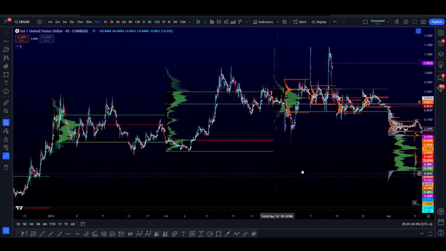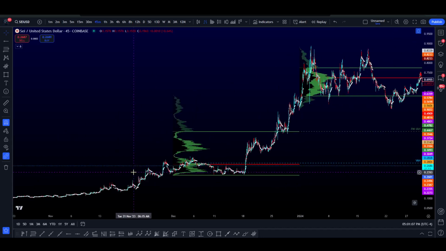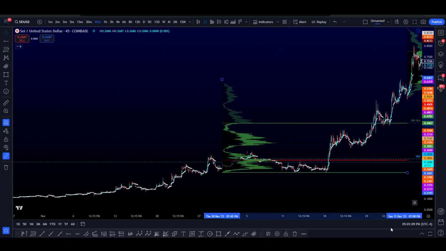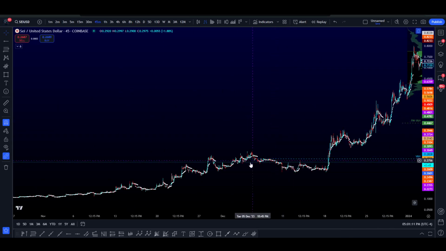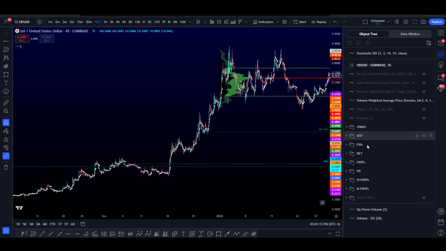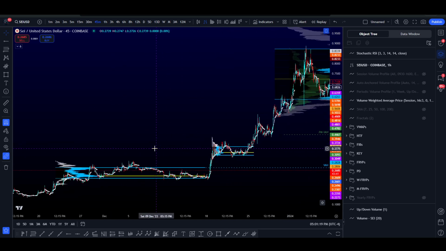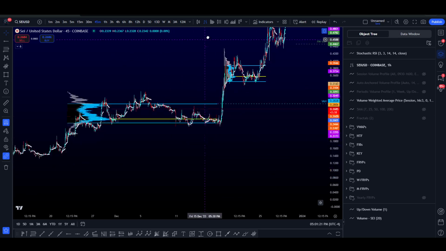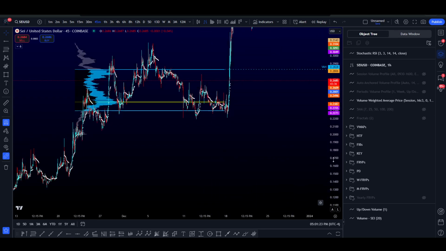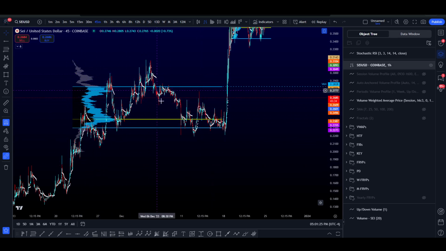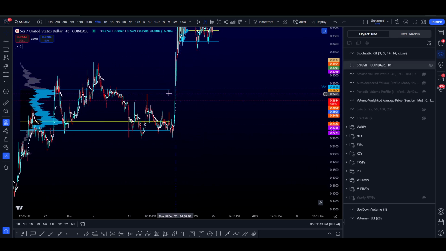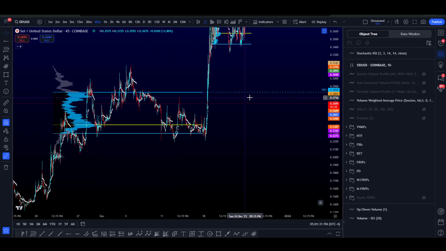So if we go all the way back to right here, let me go ahead and hide this one. Let's go ahead and turn this on. You'll actually see I pulled the fixed range volume profile tool for this range, which has already historically been developed. And you'll see the value area high of this range was at 28 cents, right?